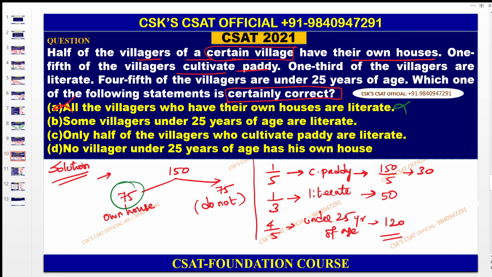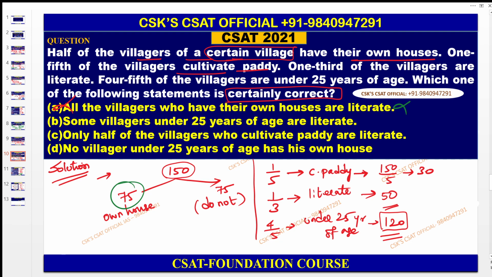Some villagers under 25 years of age are literate. Now try to understand. Under 25 you are having 120. Right? Here the total itself we are considering 150. Now literate you can take 50.